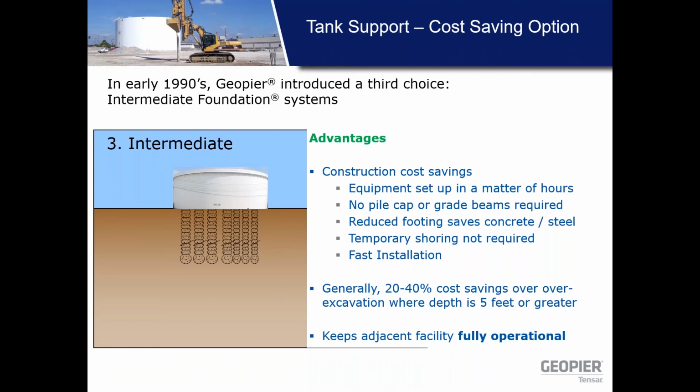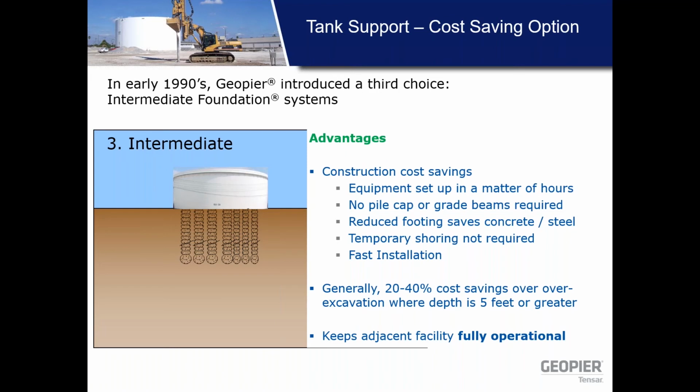So think about it. If you have a 200 feet diameter tank and you have to over excavate about 5 foot of soils, calculate the volume of soil that needs to be over excavated, the volume of soil that needs to be placed and compacted, because you're going to need more volume as you compact the loosely placed material, versus the cost of installing Geopier.